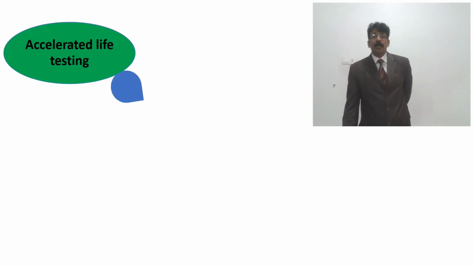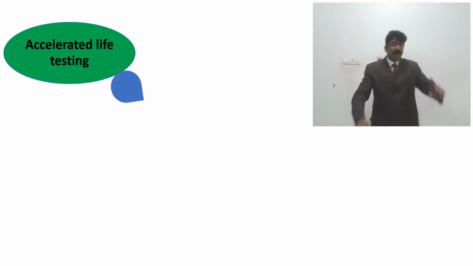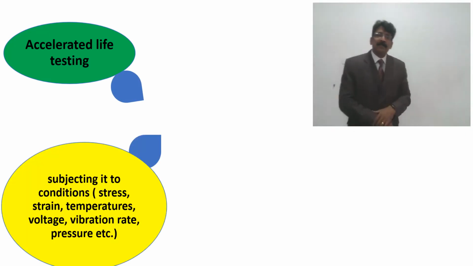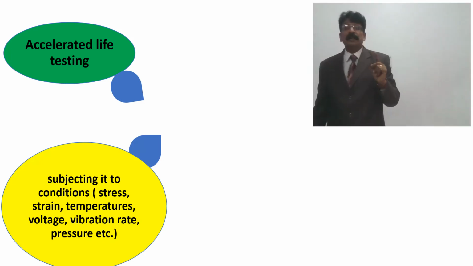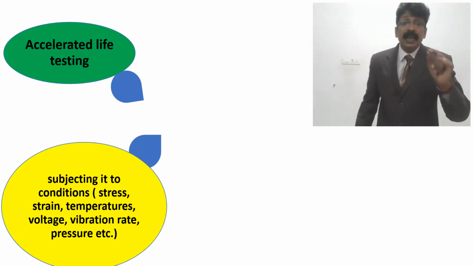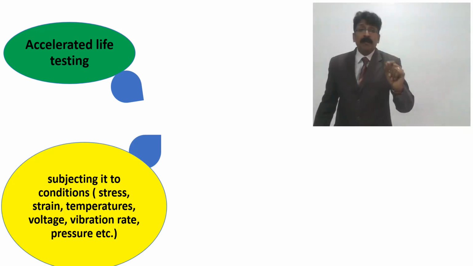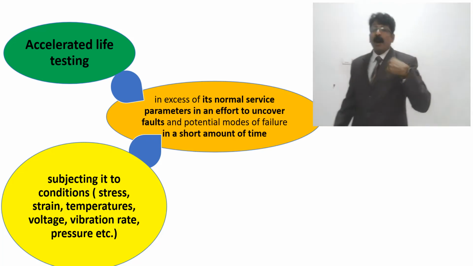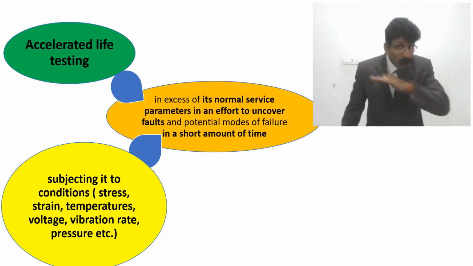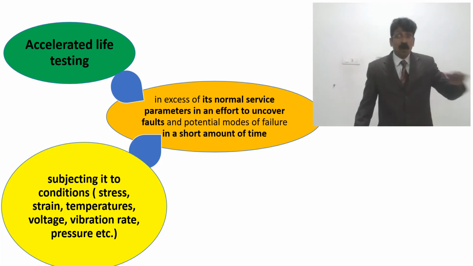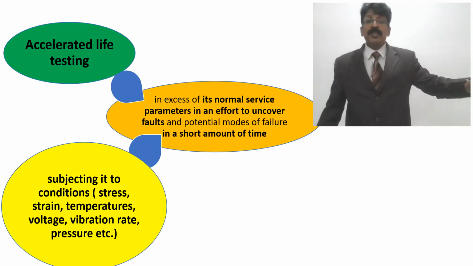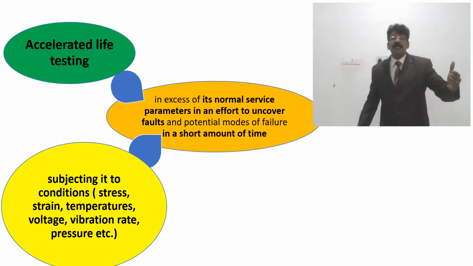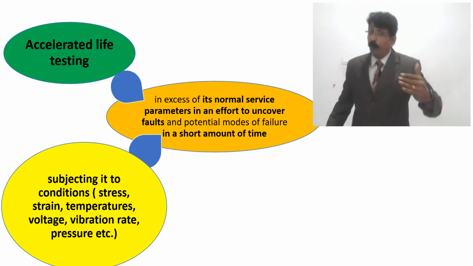So these are the slides which I am giving very fast, of what we have discussed now. This is somewhat of a summary. I am giving a summary for people to remember. You see, accelerated life testing. What is the definition of accelerated life testing? Subjecting the product to conditions of stress, strain, temperature, voltage, vibration rate and pressure in excess of the normal service parameters, normal room temperature, as an effort to uncover the faults and potential modes of failure in a short amount of time.